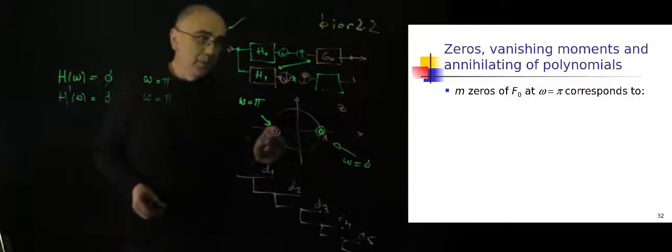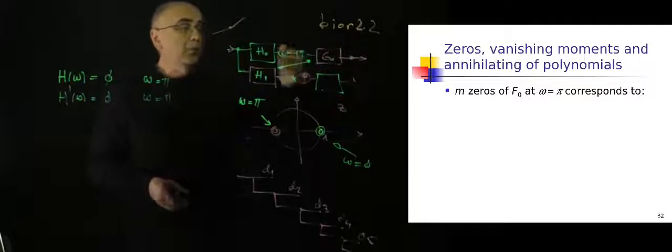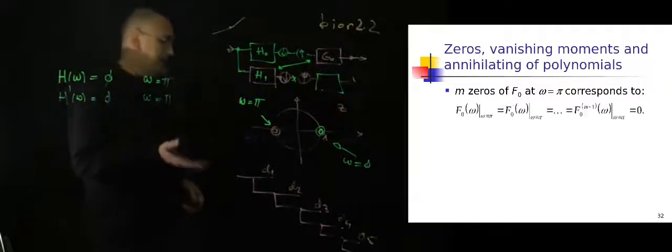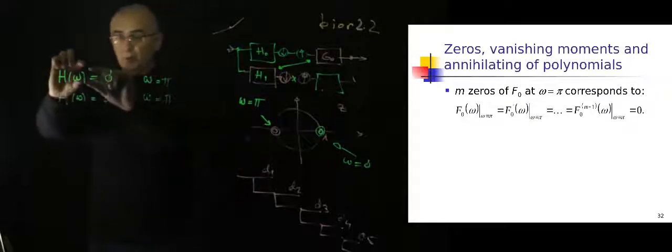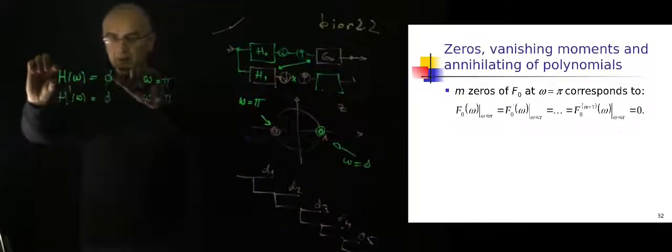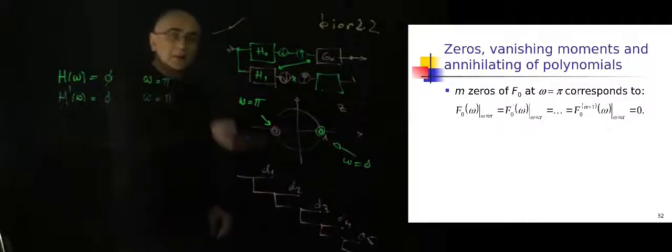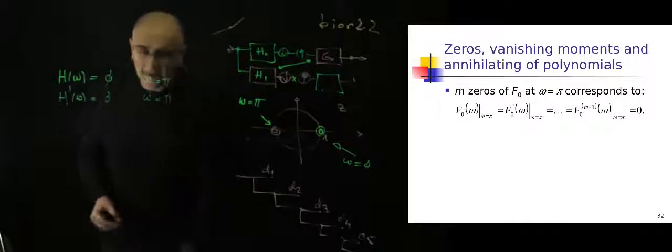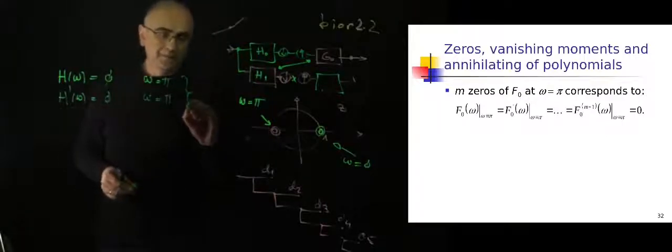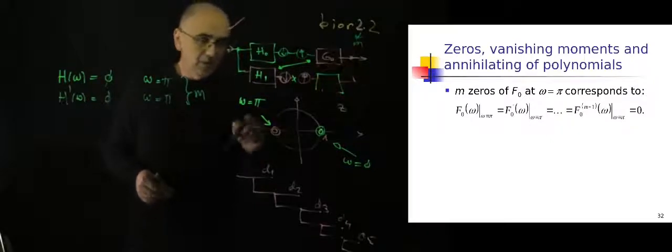If we had more zeros, if here we had 3 or 4 or 5, in that case all of them will be 0. So not only the frequency response, but its first derivative, second derivative, and so on, up to 1 less than m, which is the number of zeros right here.